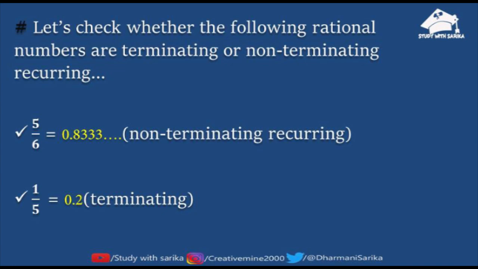It's not stopped. Second is 1 upon 5, which is 0.2, the decimal expansion of this rational number. Now you can find this kind of rational number is a terminating kind because its decimal expansion stops after 1 decimal place and at the same time is not repeating any value and does not show the non-terminating, endless behavior, so this is a terminating kind.